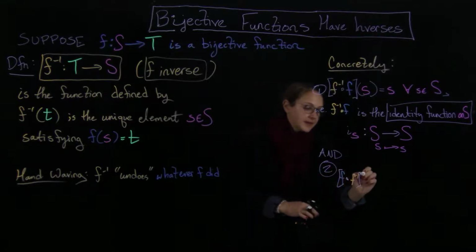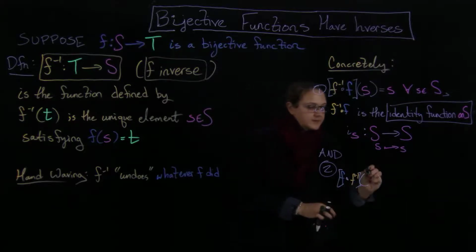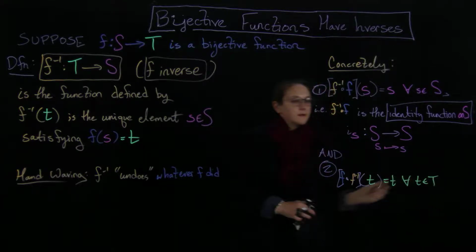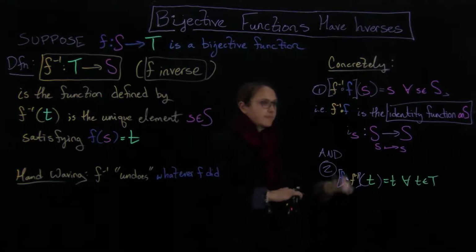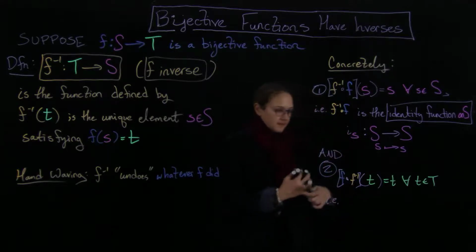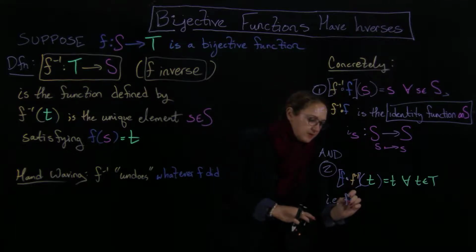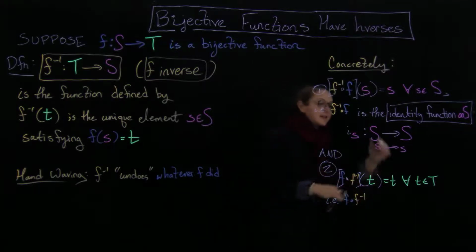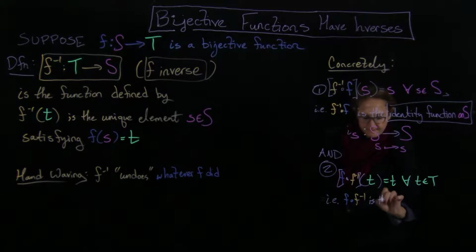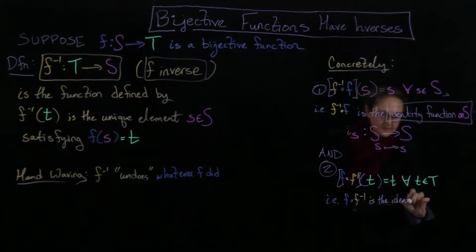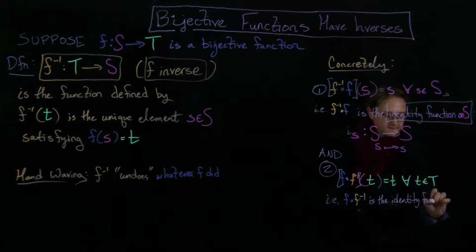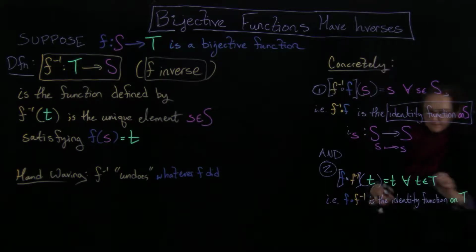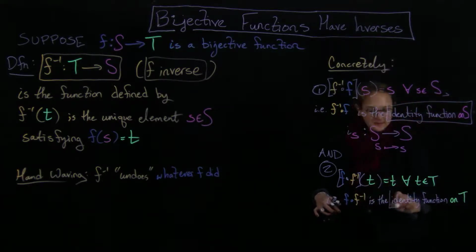So now, because I'm applying f inverse first, I'm applying this to an element of T, but I'm going to get out t for all t in T. Okay, so i.e., when I compose in this way, which is actually to apply f inverse first, this is the identity function on T.